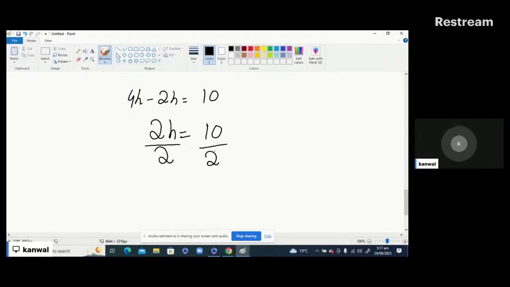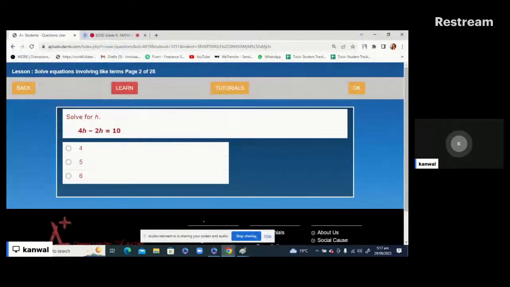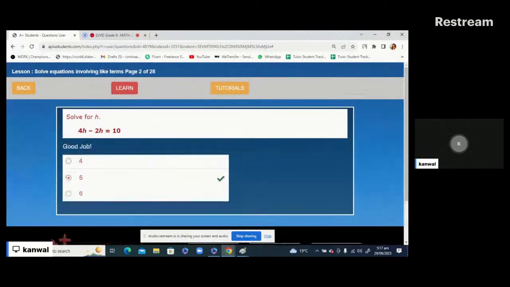When you divide 10 over 2, the answer you got is 5. This 2 is cancelled out with the 10. h is equals to 5. Let's check. Yes, here.